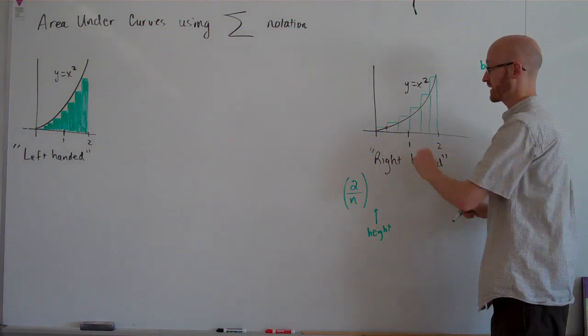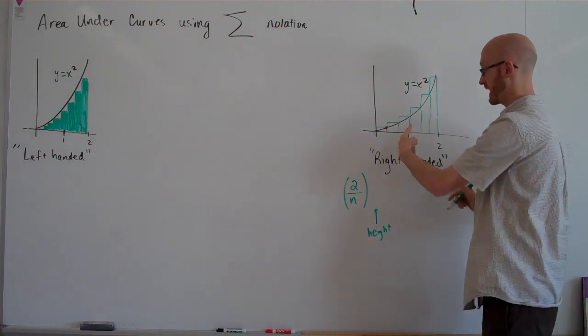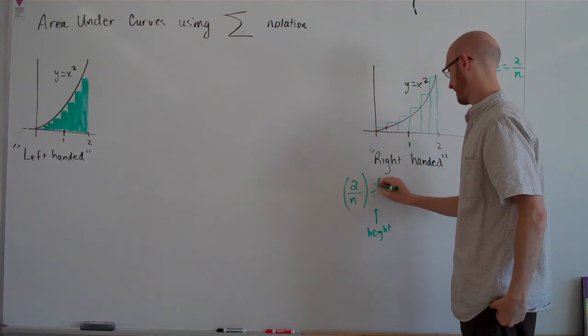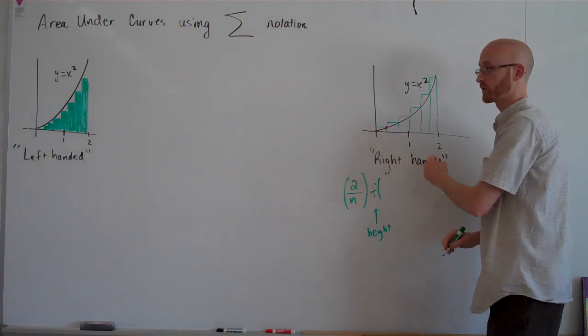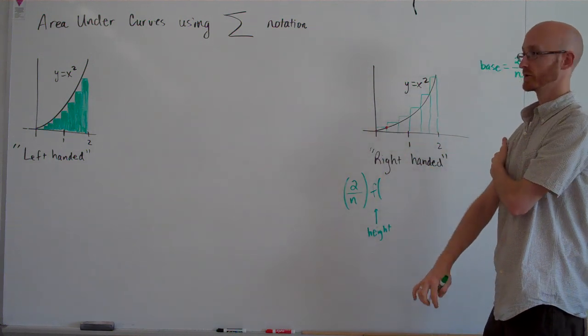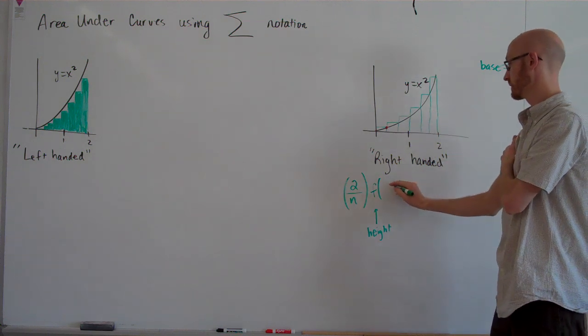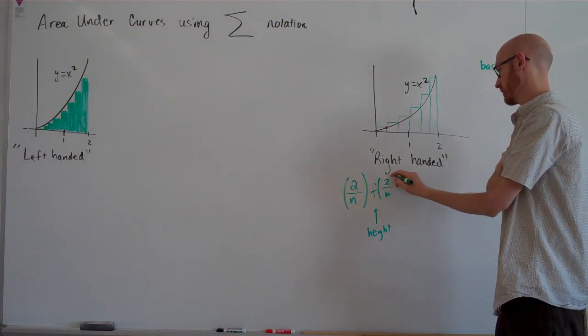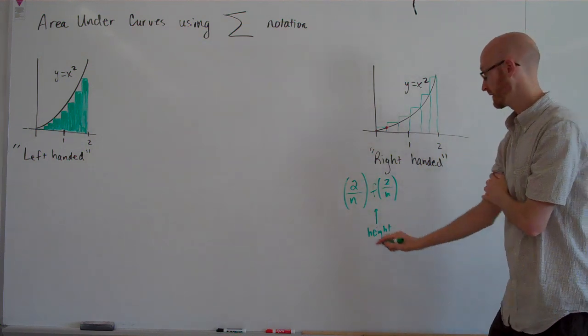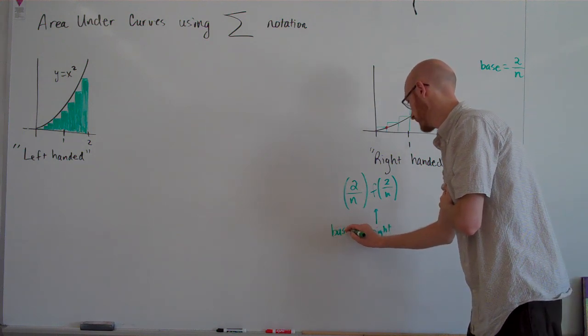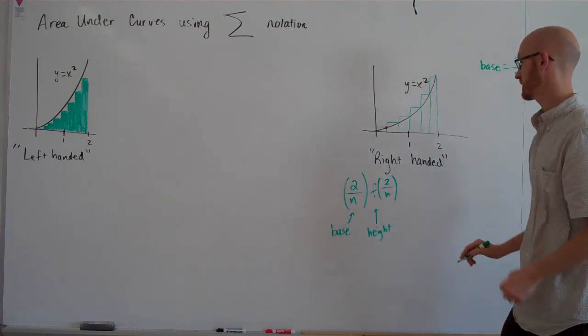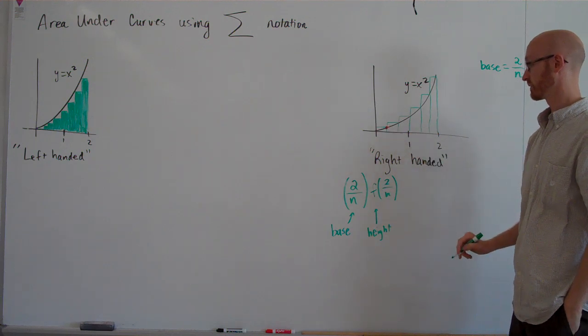Well, the y value of that red dot, that's f of a little bit over from 0. And now how much over from 0? Well, that much over from 0. 2 over n over from 0. And we've multiplied these two things together because base 2 over n, height, is f of 2 over n.